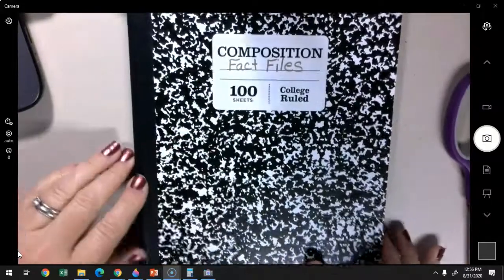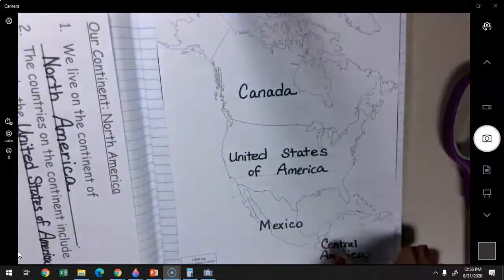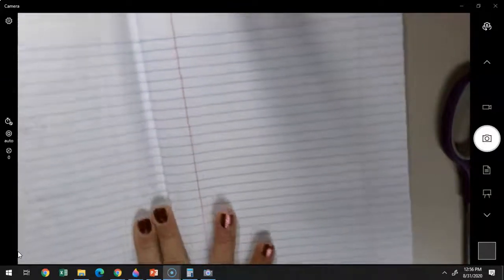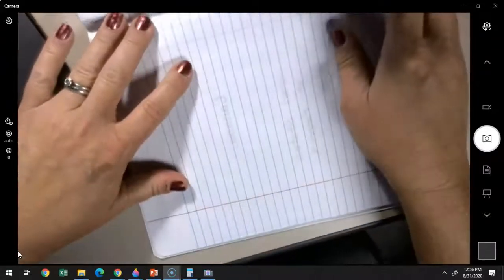And of course, at any time you need to pause so you can get caught up, you can. I hope you guys have been studying your notes. We're going to start here on the back of our last page we used. Our last page was the North American map. So now we're going to go on the back of that page and glue in our notes.